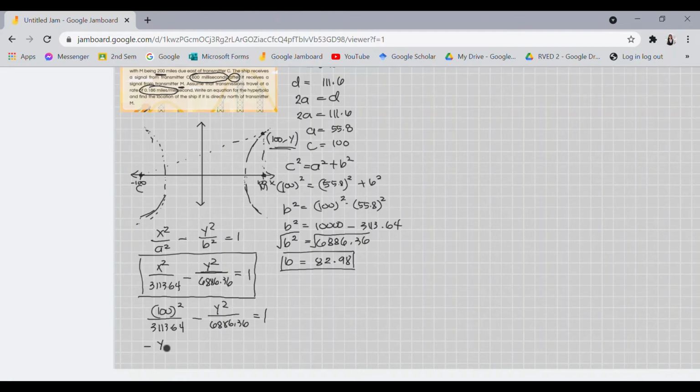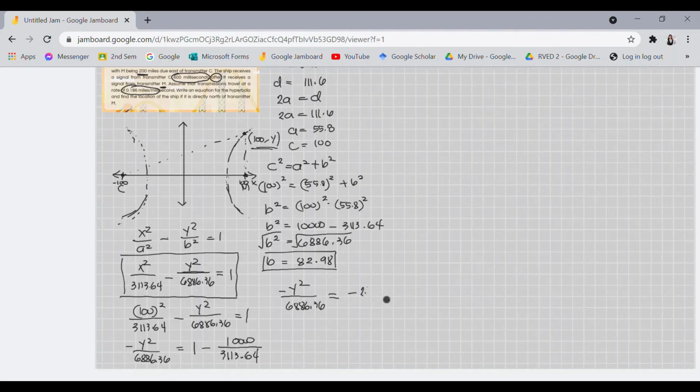We have negative y squared over 6,886.36 is equal to 1, and then, this will be subtraction. 1 minus 100 squared. 100 squared is 10,000. So, 10,000 over 3,113.64. Okay? And then, continue natin siya dito, we have negative y squared over 6,886.36 is equal to, the answer for this will be negative 2.21.